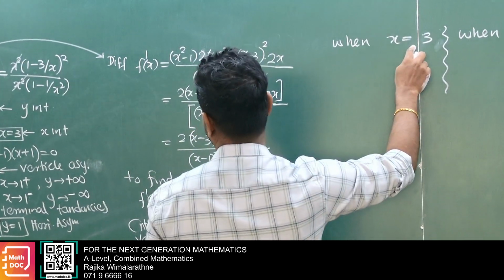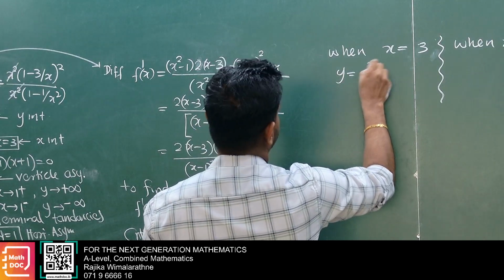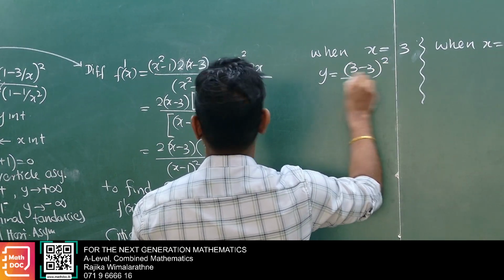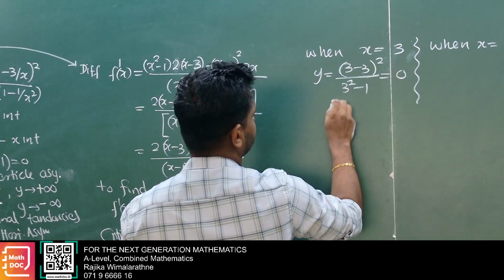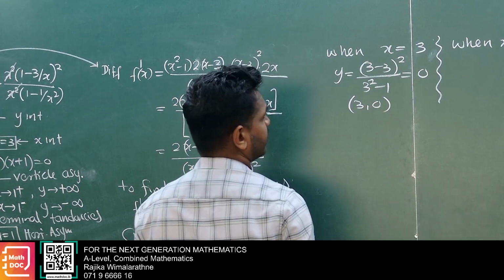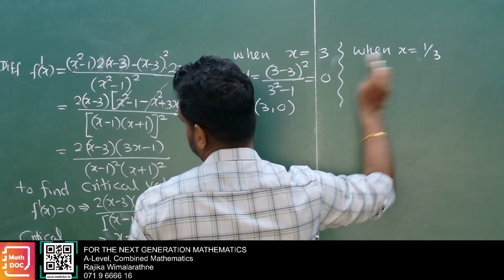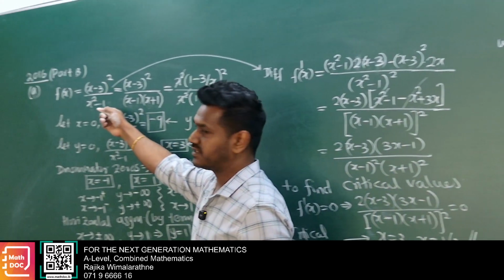So when you substitute x equals 3, the corresponding y value, 3 minus 3 squared, 3 squared minus 1, we get the answer 0. Then the critical point is (3, 0). Similarly, when x equals 1/3, again you substitute 1/3 here.